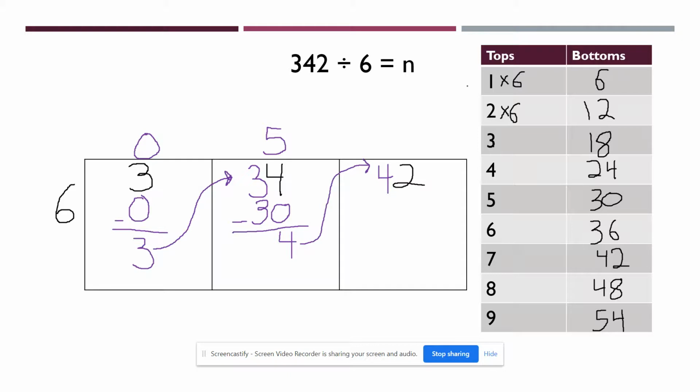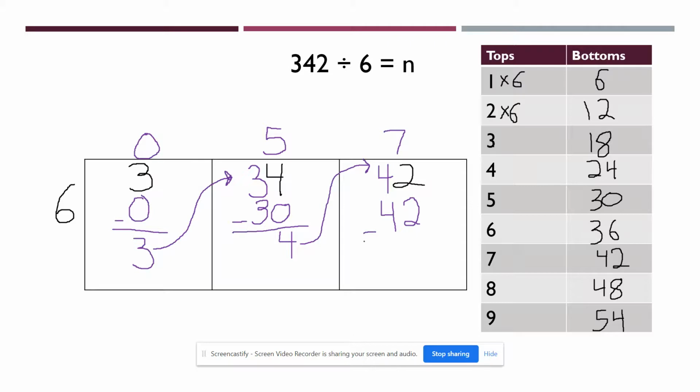Again, I'm going to look on my list for 42 or something that's close. And here we can see that 7 times 6 is 42. So 42 goes on the bottom, and 7 goes on the top.